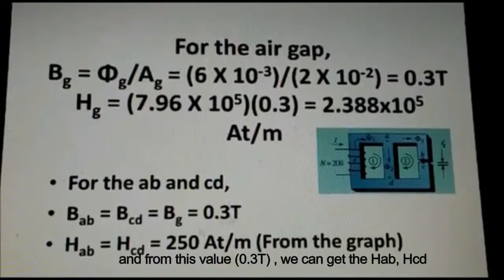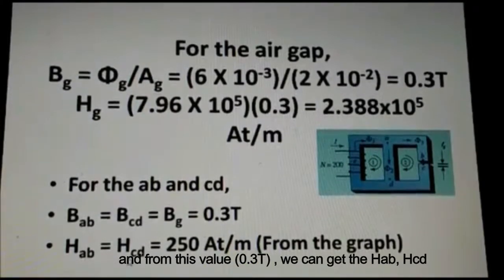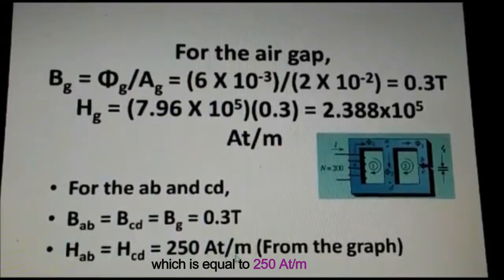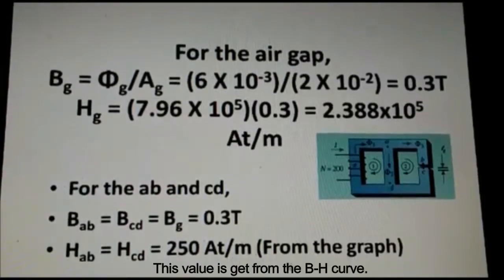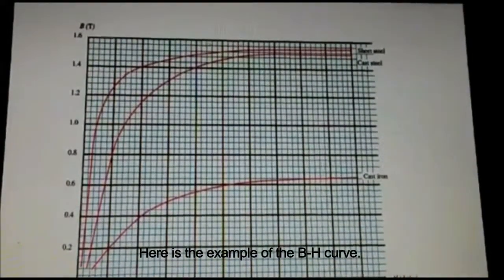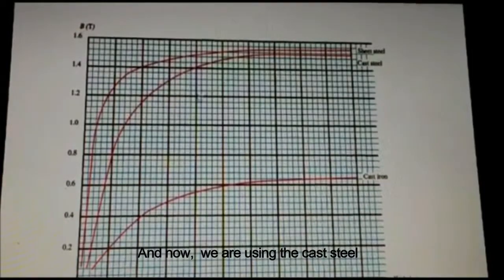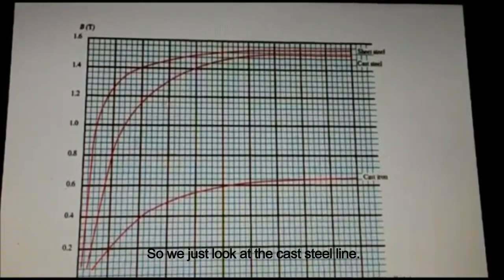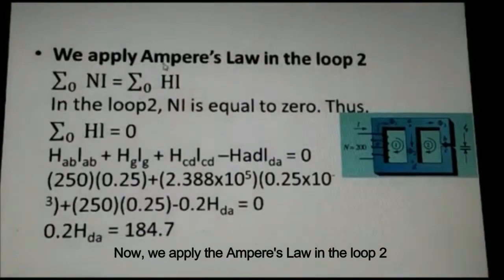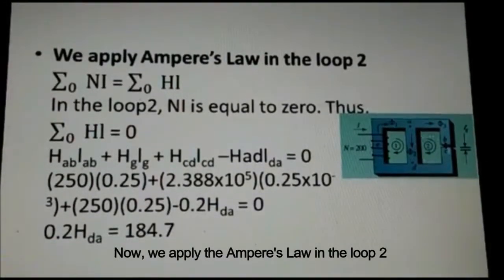From this value, we can get HAB and HCD, which are equal to 250 AT per m. This value is obtained from the BH curve. Here is the example of the BH curve. Since we are using cast steel, we just look at the cast steel line. Now we apply Ampere's law in loop 2.